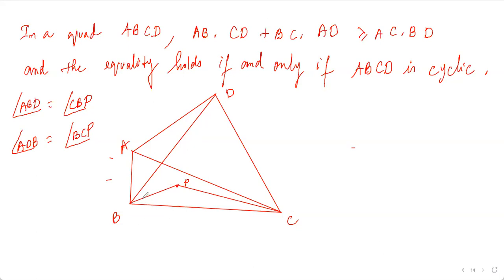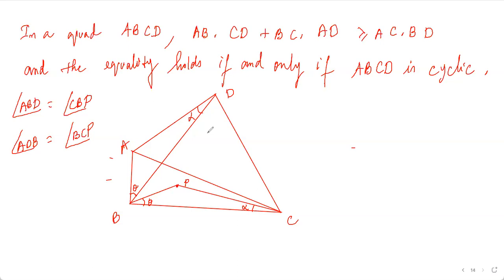So if this is theta, then this is theta, and if this is alpha, then this is alpha. Okay, that's how I'm taking the point P, so that those angles are theta and alpha.